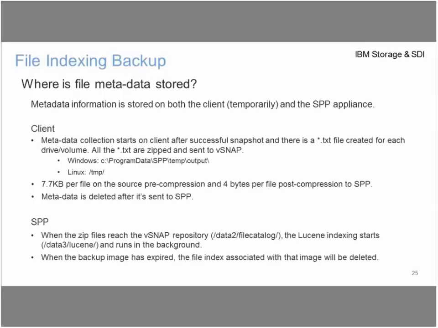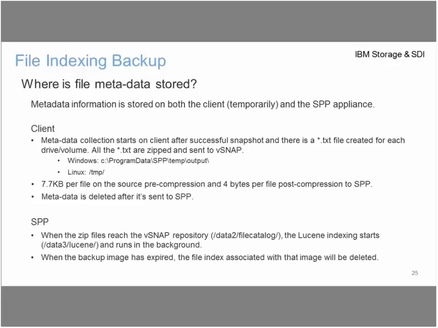So where is the file metadata indexing data stored? Well, it's actually stored in two places. The metadata information is stored on the client temporarily, as well as the Spectrum Protect PLUS appliance, right? On the client, the metadata collection starts after a successful snapshot of the virtual machine, and Spectrum Protect PLUS is going to create a text file for each drive or volume of that host, right?